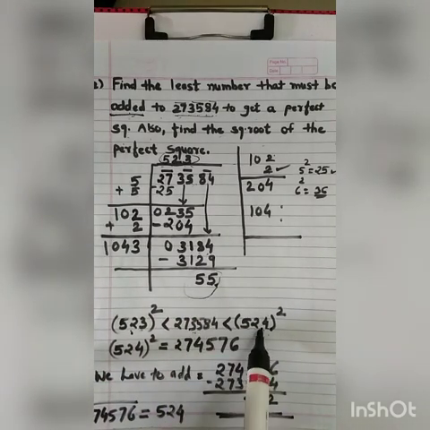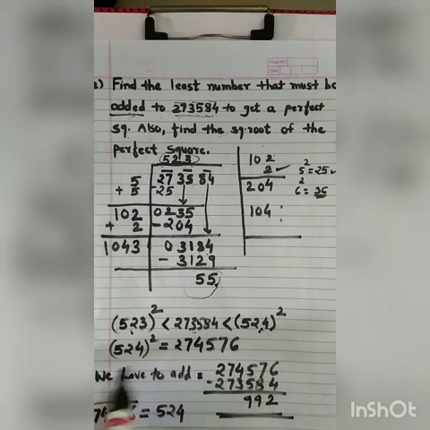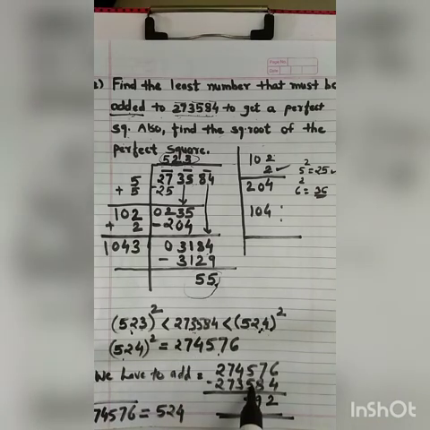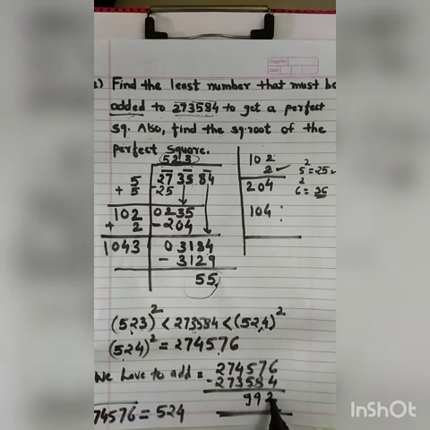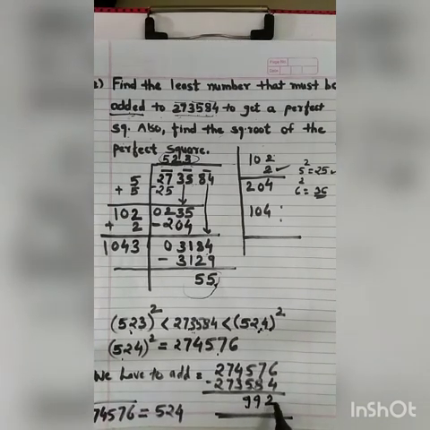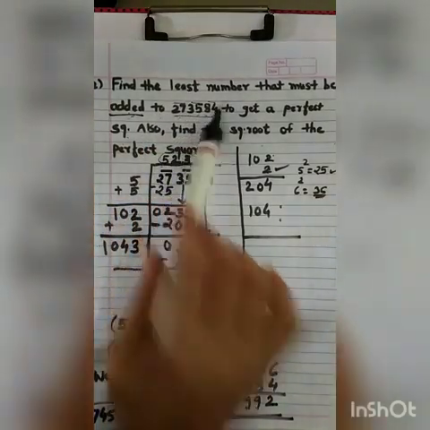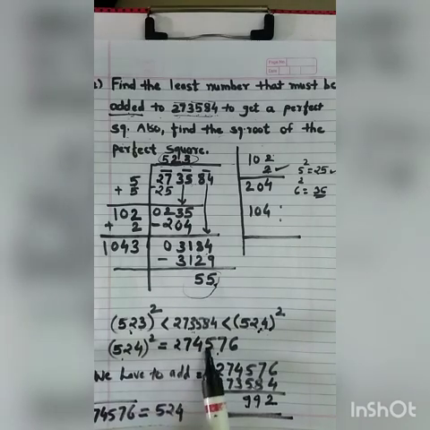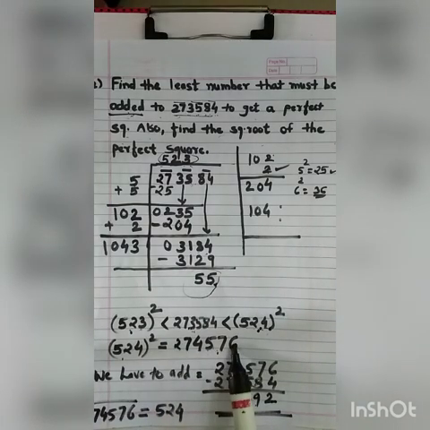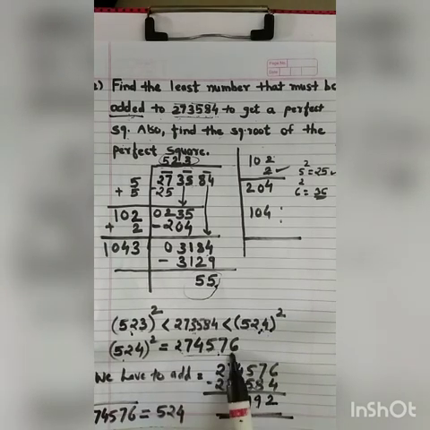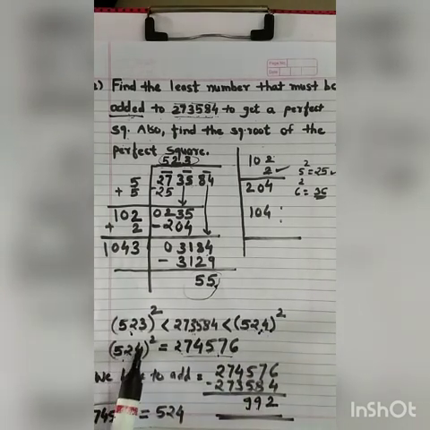So we first find the square of 524, then subtract our given number from it to understand what we have to add. So what we have to add is 992. After adding 992 to our given number 273584, we get 274576, which is a perfect square number, and the square root of this number is 524.